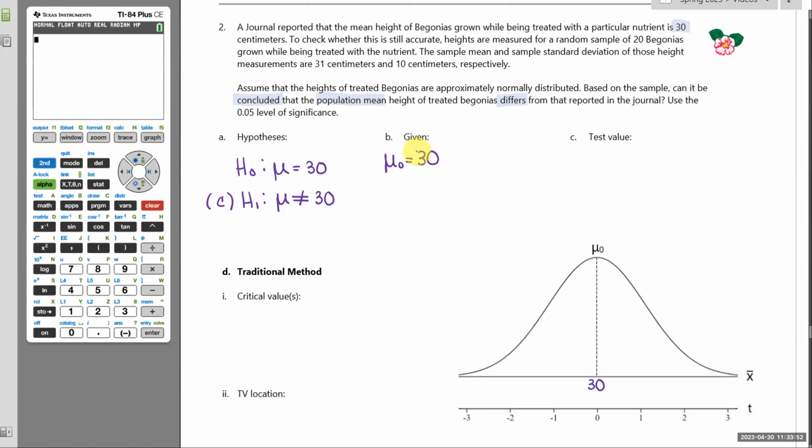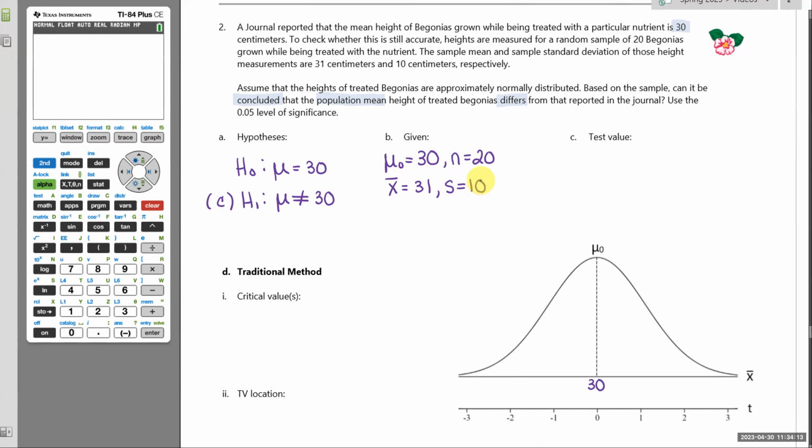All right, so they did that. They went out and got some data. They took a look at 20 begonias, and the sample mean and sample standard deviation are provided, 31 centimeters. And again, sample standard deviation is s. That's the important part here.